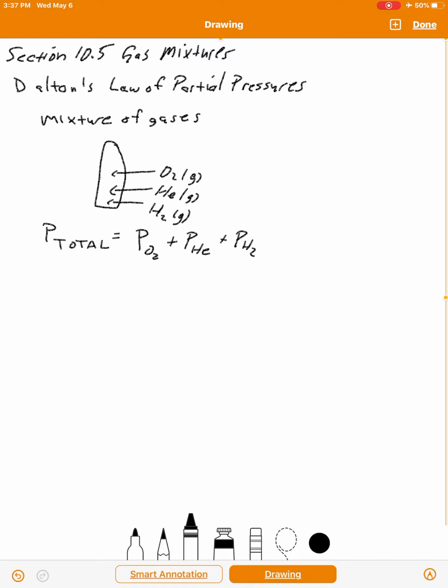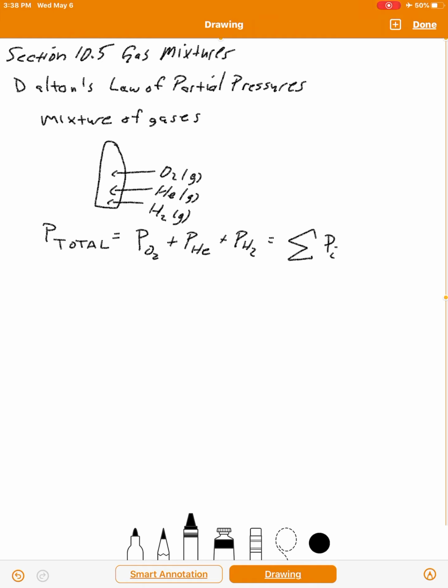Okay, now your textbook puts this as the sum of the individual pressures. Okay, so if we have 5 gases, the pressure of each gas added together would be equal to the total pressure. Very simple relationship.